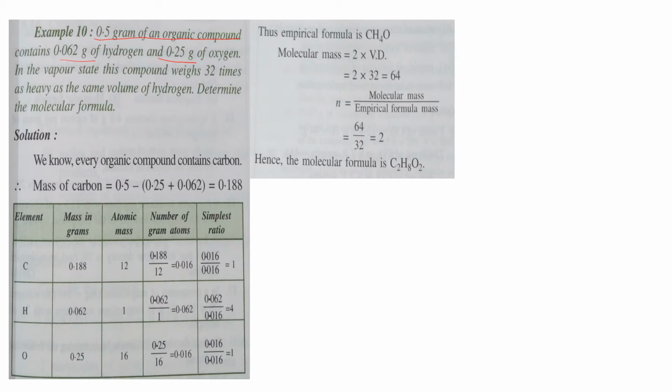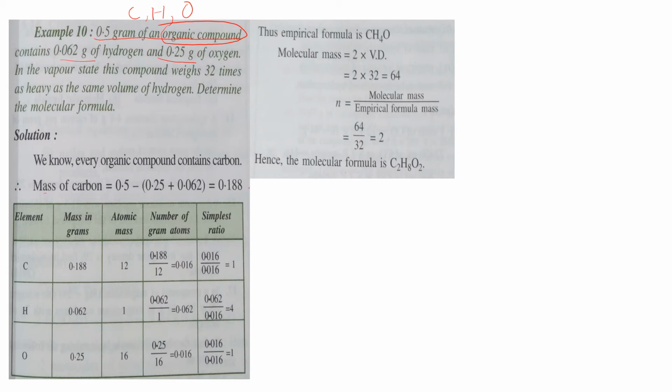Now you know that the organic compound contains carbon, hydrogen and oxygen, and the masses of hydrogen and oxygen are given, but carbon you have to find out. How to find out the mass of carbon? That has to be subtracted from 0.5 gram, because the total amount of the organic compound is given as 0.5 gram.